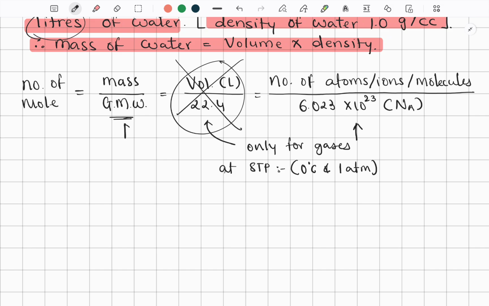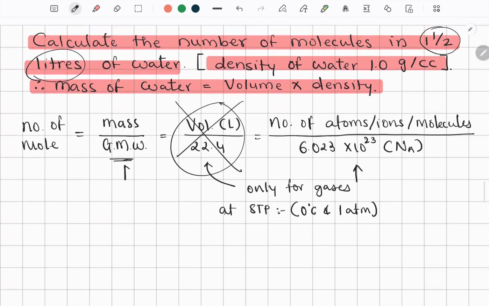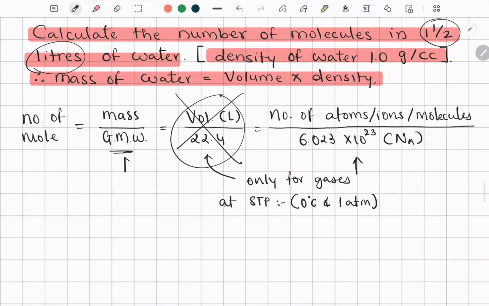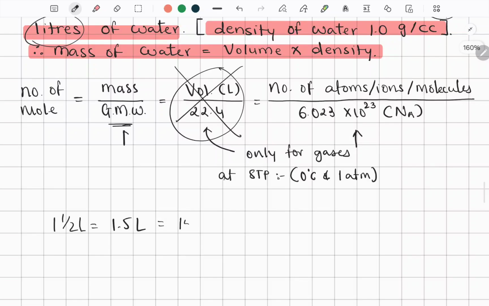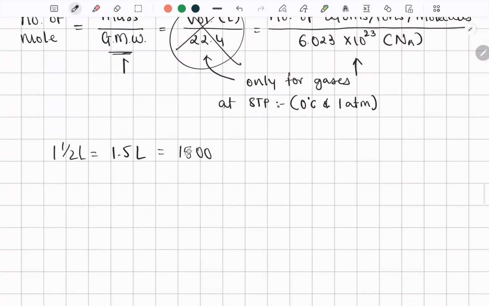Okay, let's dive more into it. Now how will we get to know the mass of the water? It's very simple. Is volume given? Yes, 1.5 liter. What is 1.5 liter? It is 1500 milliliter.